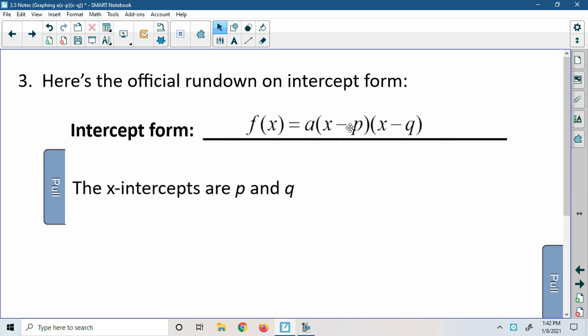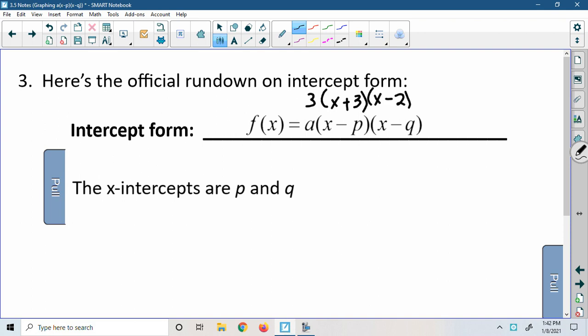And just like a lot of the other formulas we've seen so far, because of the minus in the formula, say this was a +3 right here. If it said x plus 3 and x minus 2, then we could say the a number was like a 3. The x-intercepts, you have to reverse them. So the x-intercepts would actually be -3 and +2.